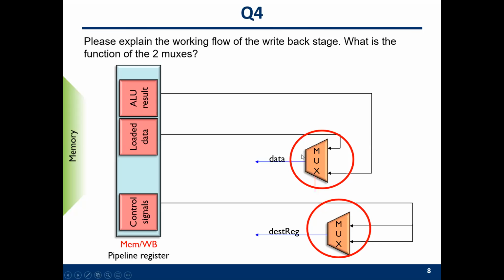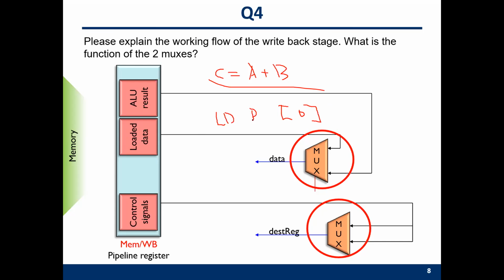The mask of this guy, the question 4. This mask is used to select between some instructions. Some instruction, like addition, the result is from the ALU because the ALU does the addition. Some instruction is a memory instruction.